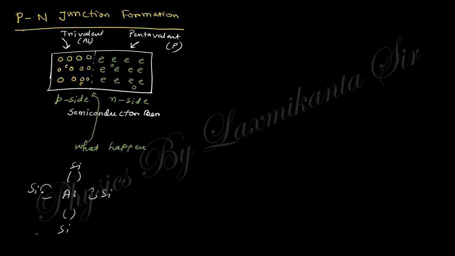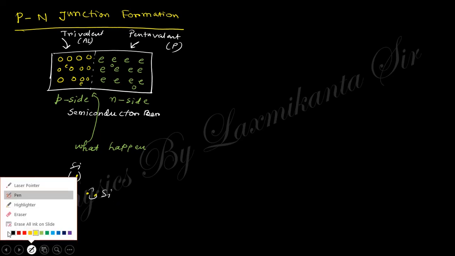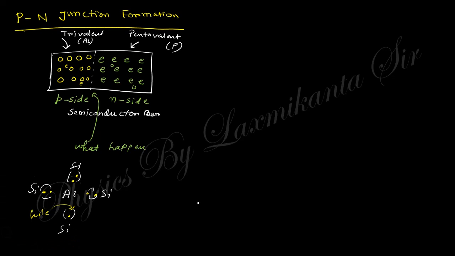One electron is less: three bonds are connected here, but here there is a hole. On the other side there is phosphorus, the pentavalent atom.